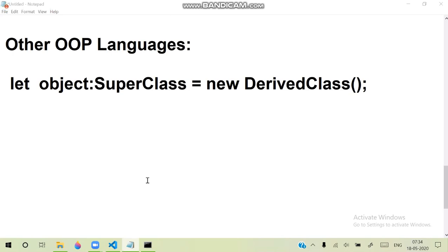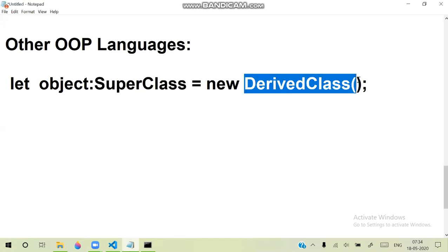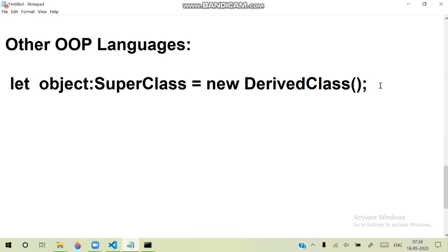As per the rules of object-oriented programming, the superclass constructor is executed first, then the derived class constructor. And it is following the same technique. So it is valid.